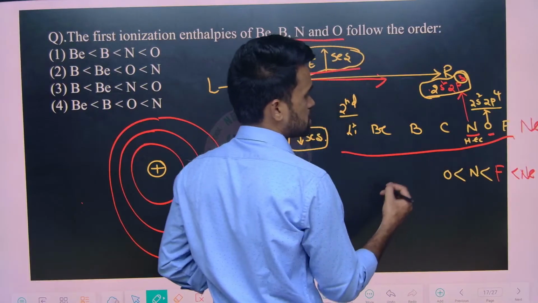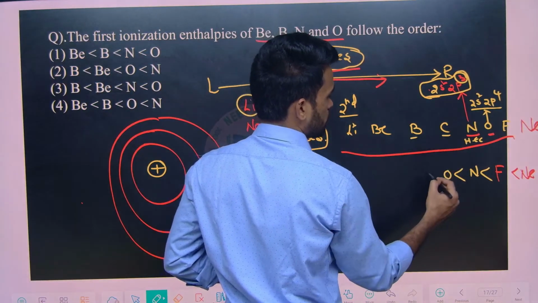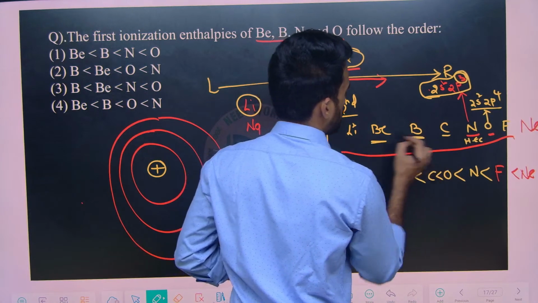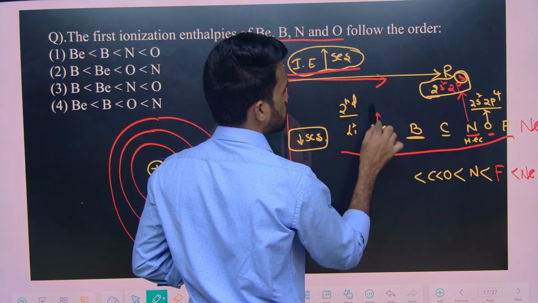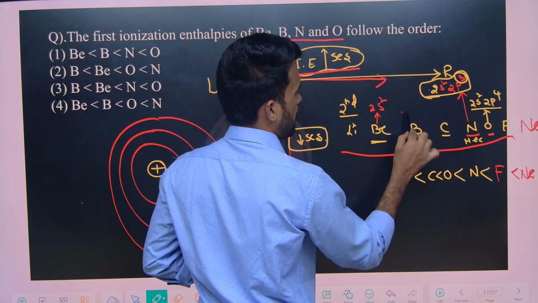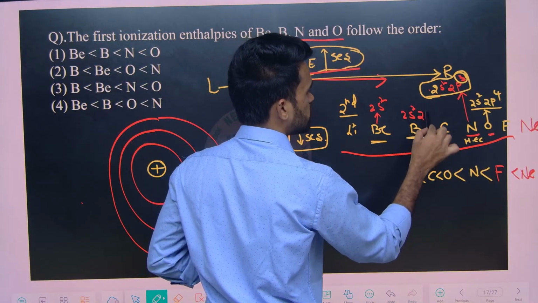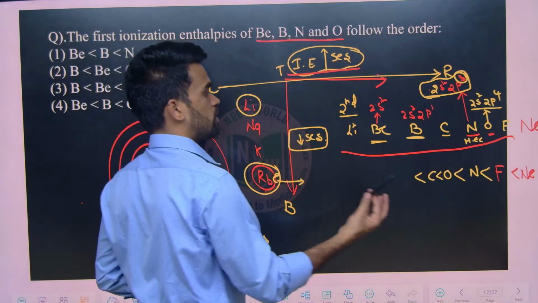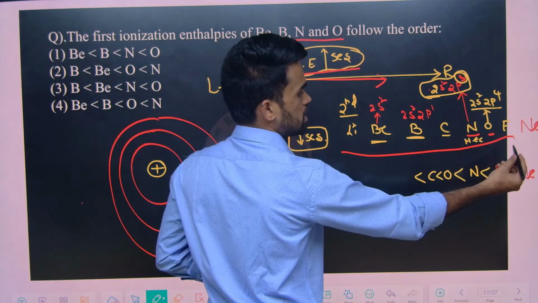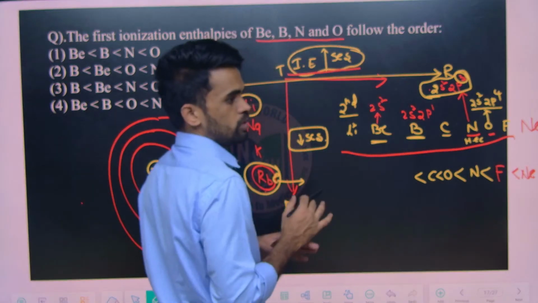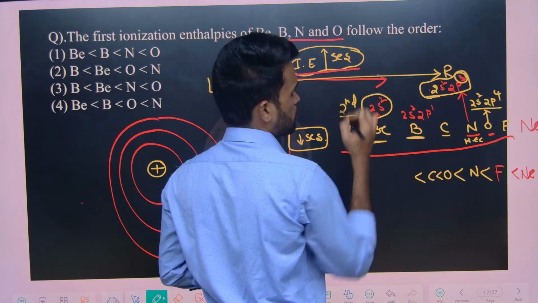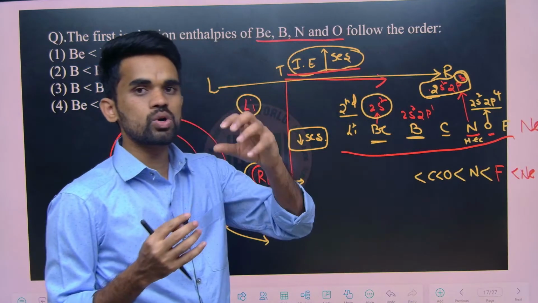After this, between boron and beryllium, you can write carbon first. Between boron and beryllium, how can you see? Beryllium has 2s2 electronic configuration, and boron has 2s2 2p1. Now how can you answer here? What we think is that boron is at the right side, so it will have the highest. No, here again see, the valence electrons are in the s orbital. The s orbital is closer to the nucleus.